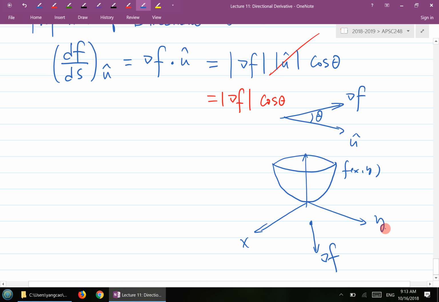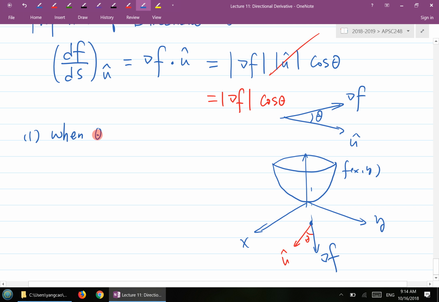Here is del f, calculated at the point we're interested in, and u hat is a certain direction like that, with angle theta between them. Then the directional derivative is basically the magnitude of del f times cosine theta. So what does that mean? Let's take a look at a couple of special cases.